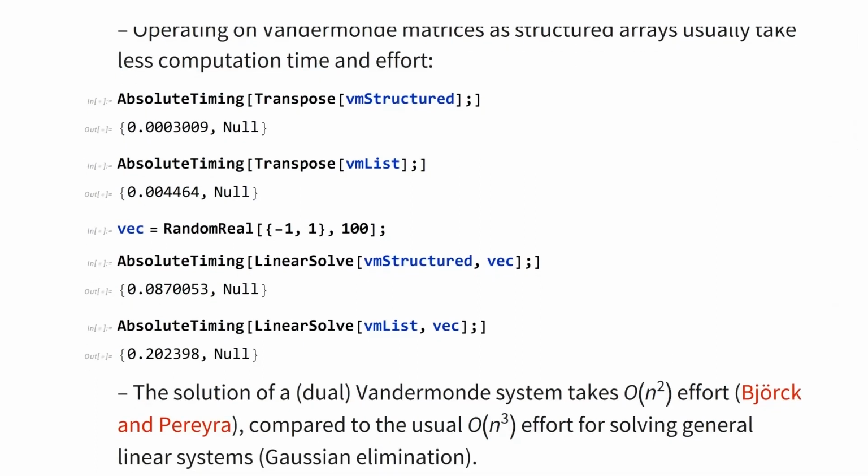Now keep in mind that linear solve and other functions do have specialized support for certain classes of matrices, so you don't always get the full benefit, but you can be guaranteed to get at least the same benefit from using the structured version. Linear algebra is a very well developed area of Mathematica. We've been world class forever. What this does is just put the final layer on top of the whole functionality.